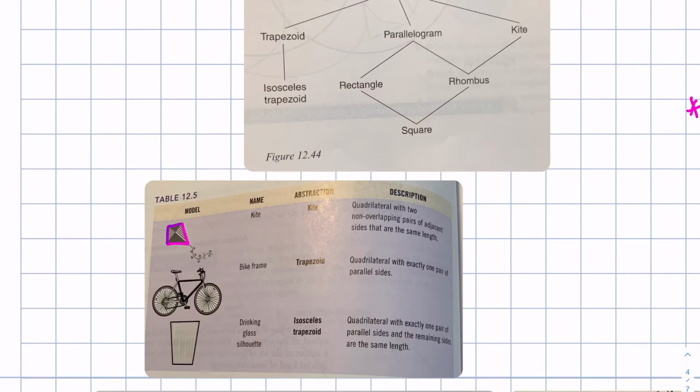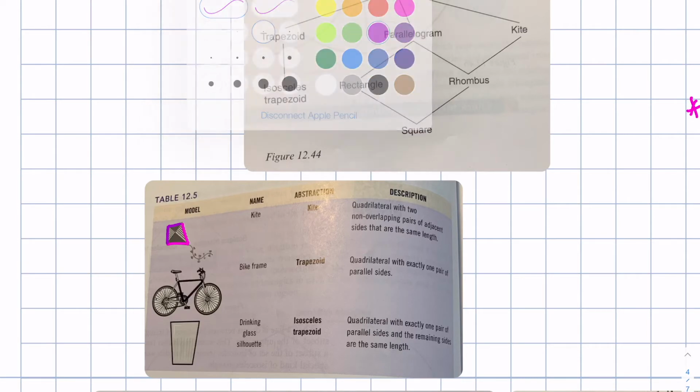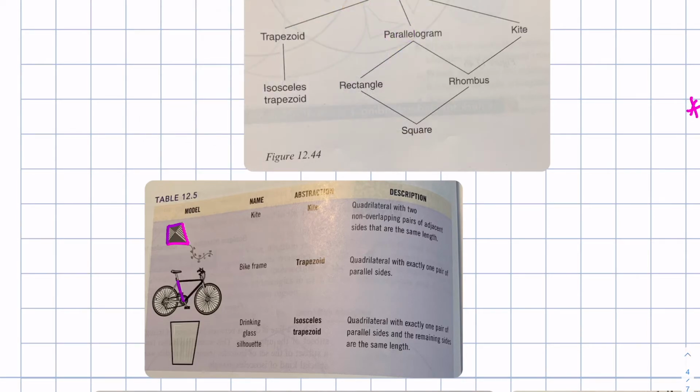Okay, with a trapezoid, they use the model of a bike frame. It's not the best image for this example, just because it's hard to see that this actually is a trapezoid and not a triangle. But it's hard to find trapezoids in real life, so it works. So this is our model for a trapezoid, and it's a quadrilateral with exactly one pair of parallel sides.